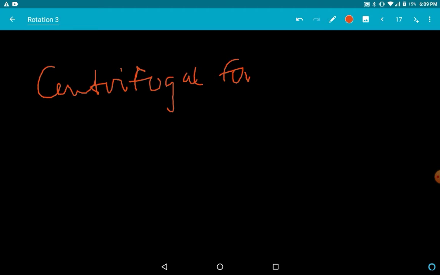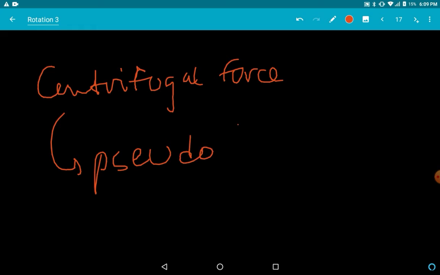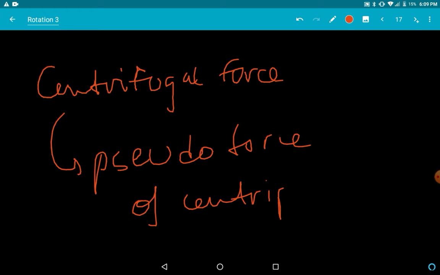Understand? Okay, now centrifugal force, as I told you earlier, is actually nothing but the pseudo force of centripetal force.